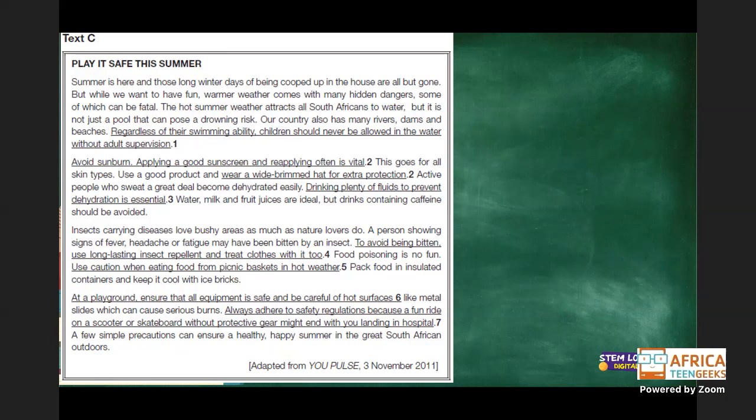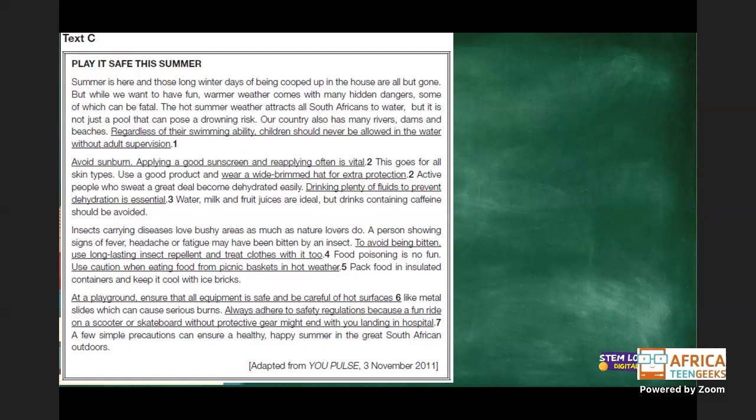Use the following passage, which we've just read, to compile your list. So the key words in the question are safety tips. So this will be the topic of your summary.